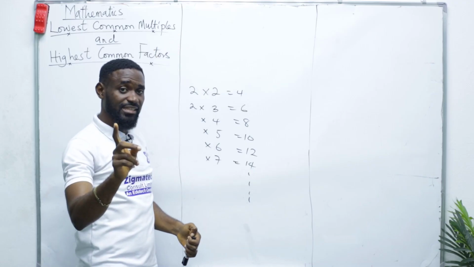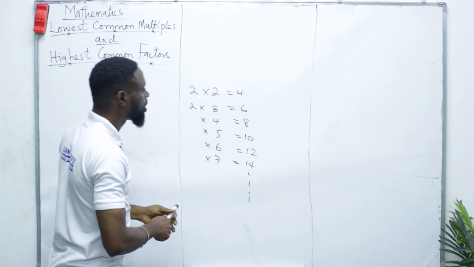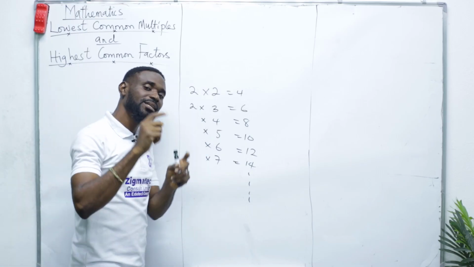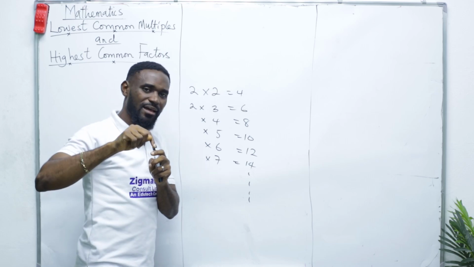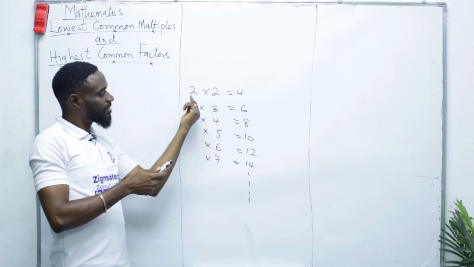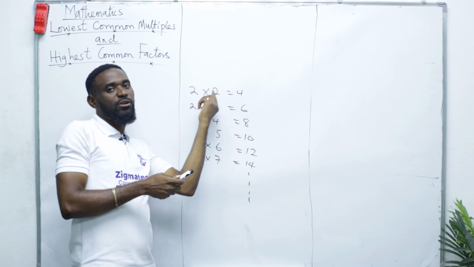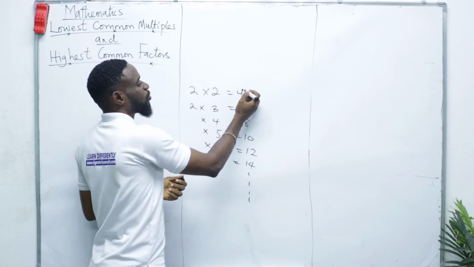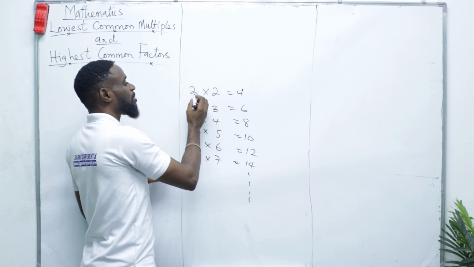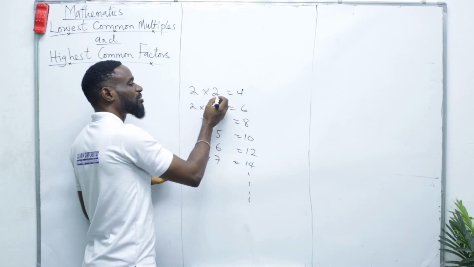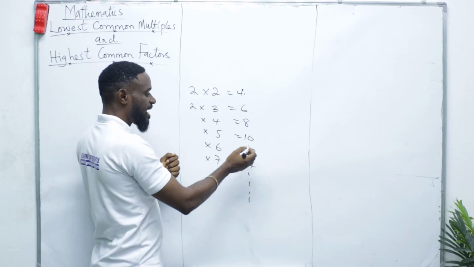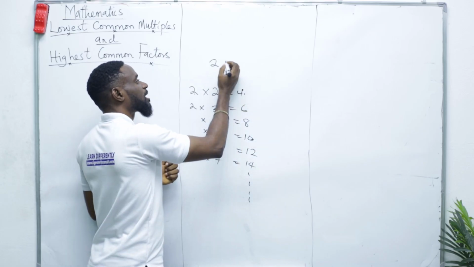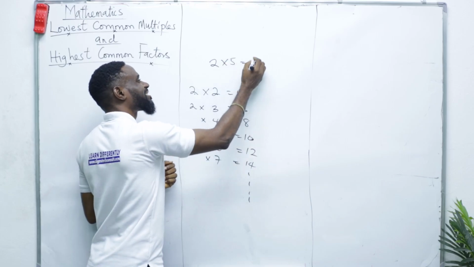Let me take that again. A multiple of a number is the number you get when that number is multiplied with another number. So this is a multiple of 2, because 2 can be multiplied by 2 to get 4. 10 is a multiple of 5, because 5 can multiply another number to get that 10.